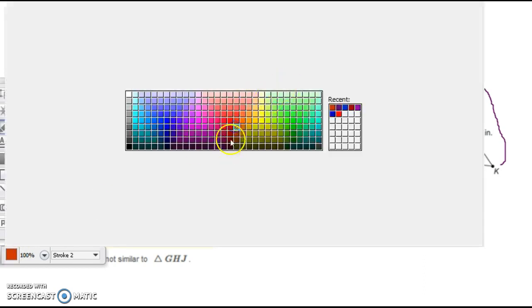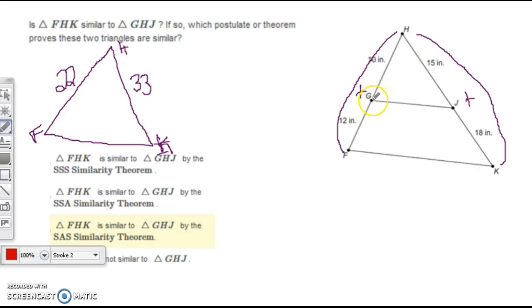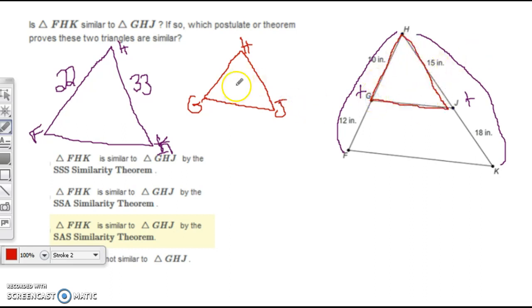All right, so there's my big triangle. I also want to draw my little triangle. All right, so it's GHJ. And it just helps me visually to split them apart. So I've taken this little triangle and I've just plopped it out over here. From GH, I know that that side length is 10 inches.